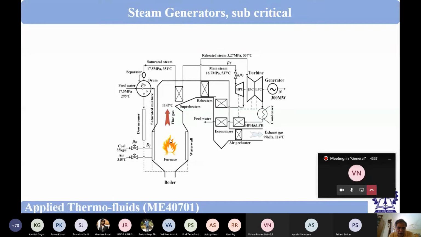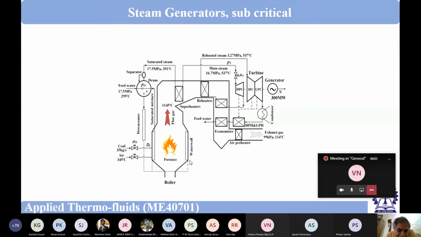Obviously this is the furnace zone, a lot of heat generation is there, and these walls are very heated walls. So they are to be kept cool, and heat has to be also taken away for utilization. Here you see feed water is coming from here.